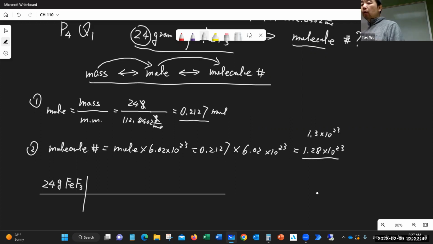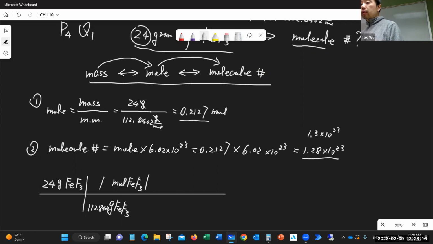Okay, the mole, how do we represent a mole? We try to cancel the mass and we get moles, right? So we cancel the mass of the ion. We get a mole of the FeF3, okay? Based on the molar mass, 1 mole equals 112.8402 grams, because by definition, molar mass unit is gram per 1 mole, right?